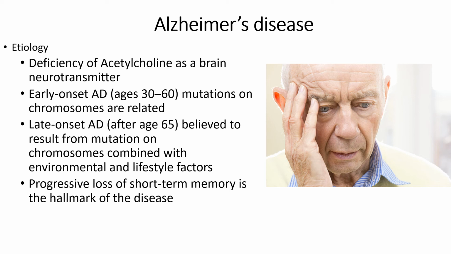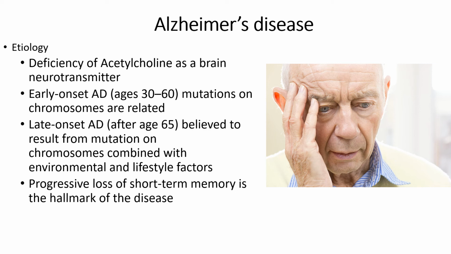Now, just because it's a neurotransmitter in the parasympathetic system doesn't mean that it can't be in other parts of the brain, because it certainly is, just like dopamine, just like serotonin. So neurotransmitters are definitely in more than one location in the brain, and it's felt to be a deficiency of acetylcholine in this particular disease called Alzheimer's disease.